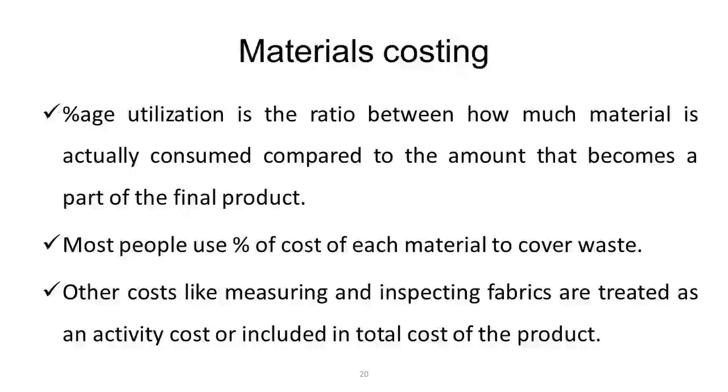more or less, the cost of that material will have to be covered from the money that you're charging to the buyer. So if a shipment can be made using 100 meters, and if you use 110 meters, all of the money that will be required for 110 meters will have to be covered from the total payment that you are getting from the buyer.